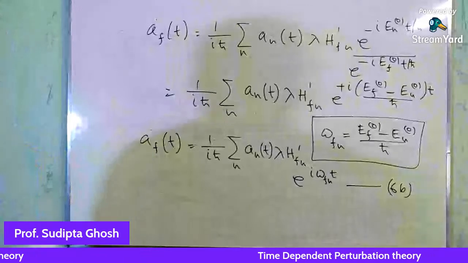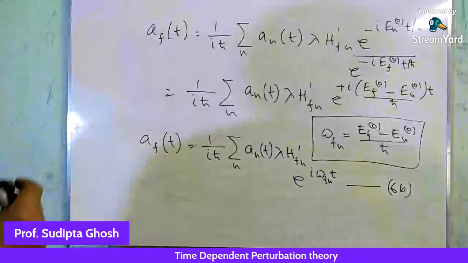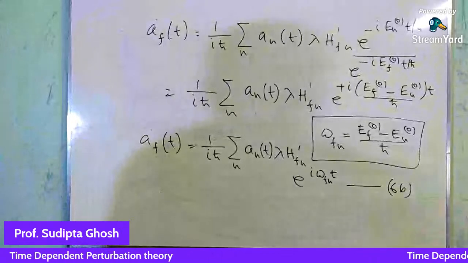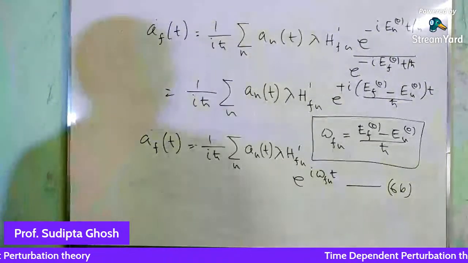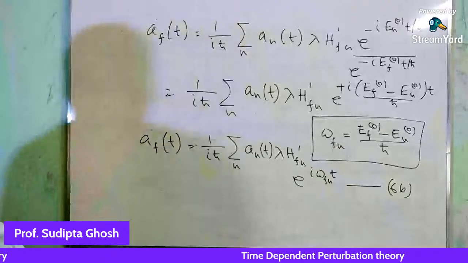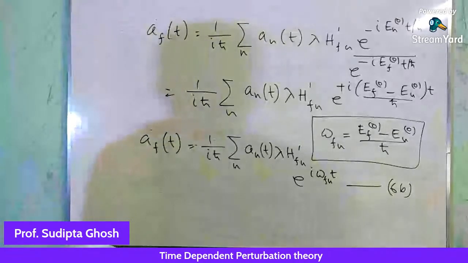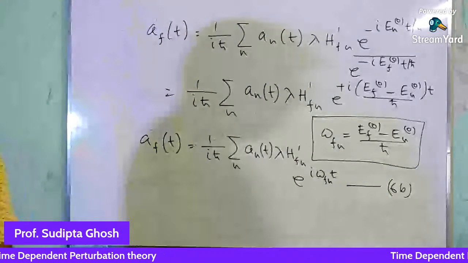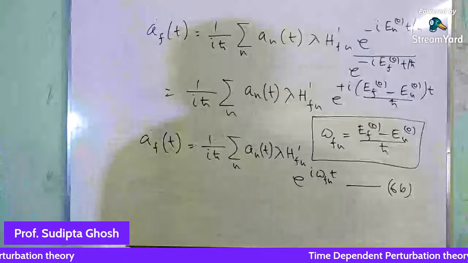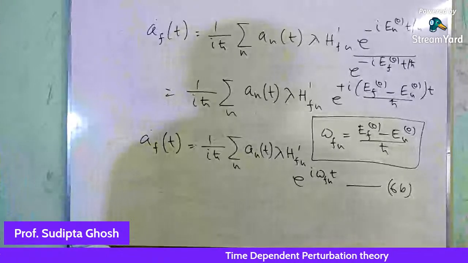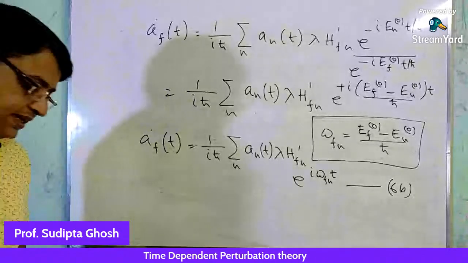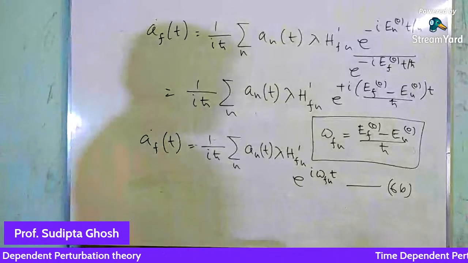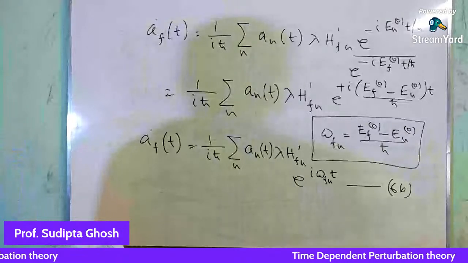Now the set of equations, equation 6a and equation 6b, enables us to determine the time dependence of the coefficients a f dot t, and consequently the dependence of the wave function on time, and hence the set is completely equivalent to the Schrodinger equation as written in equation 2.